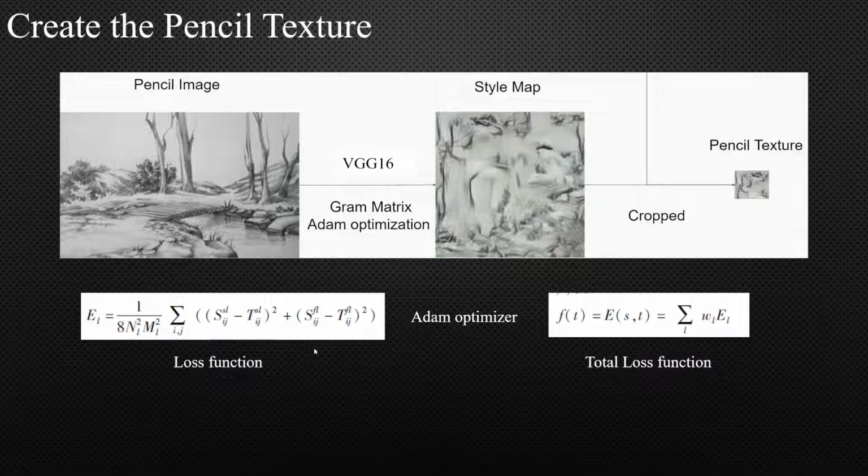We will dynamically compute the gradient for each loss model. The optimizer re-evaluates the model and returns the loss. After all the iterations, we can get the final style map for the pencil texture. We need to crop it to speed up the calculation of the pencil map.